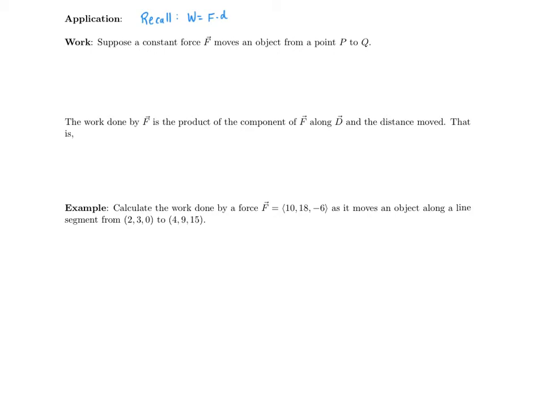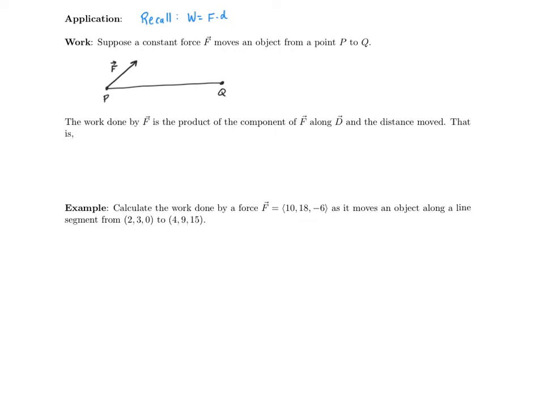So suppose a constant force F moves an object from a point P to a point Q. I'm once again going to draw this horizontally to make it look a little bit nicer. We have some object at the point P, say a desk or a dresser you want to move, and we start pushing it with some force vector that we're creating.